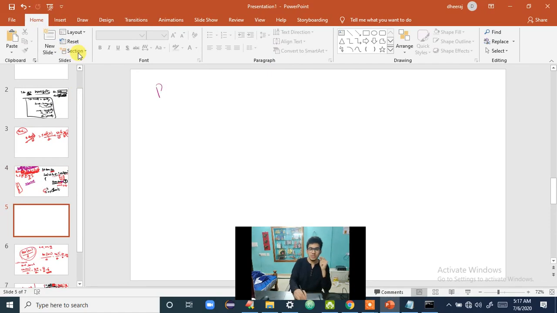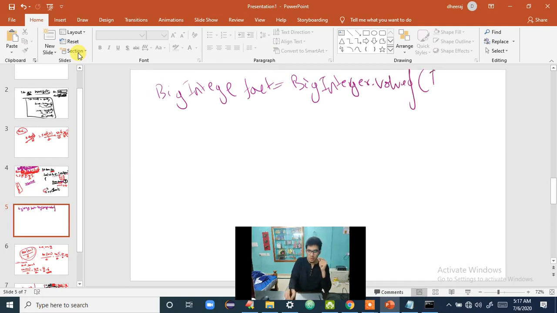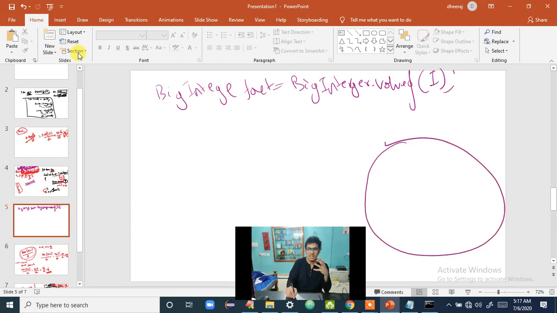When you wrote the line BigInteger fact equals BigInteger.valueOf(1), immediately one new object is created where the value is 1. A new object is created because internally BigInteger valueOf calls the new keyword. And when you use the new keyword, one object is formed. So inside valueOf, there is a new keyword.